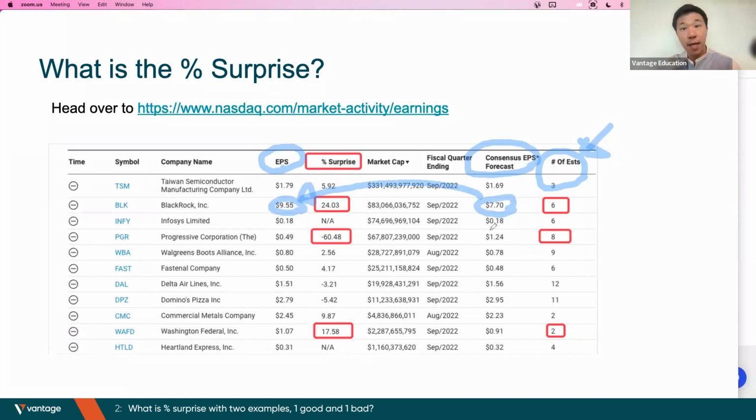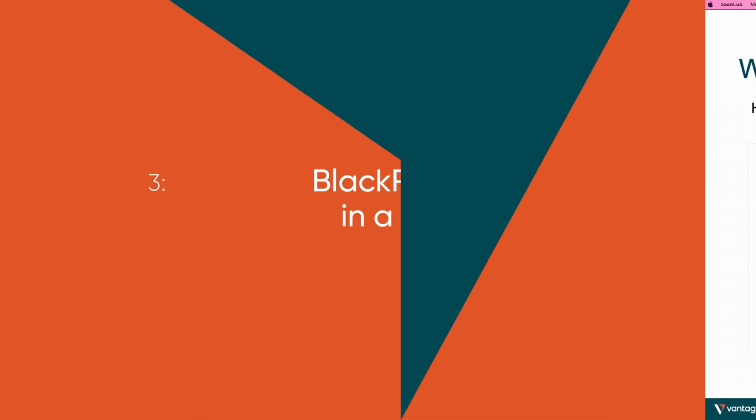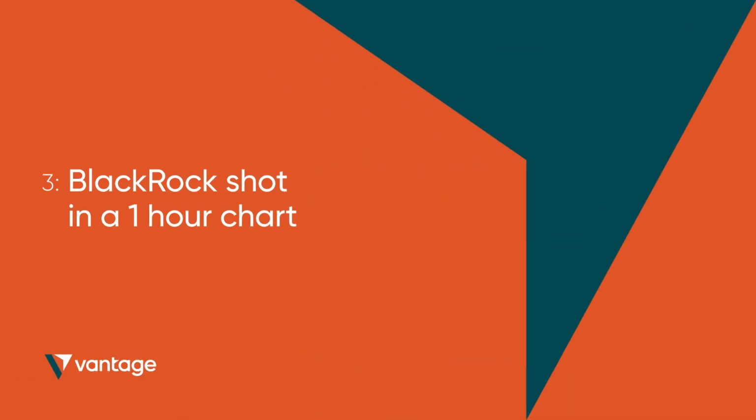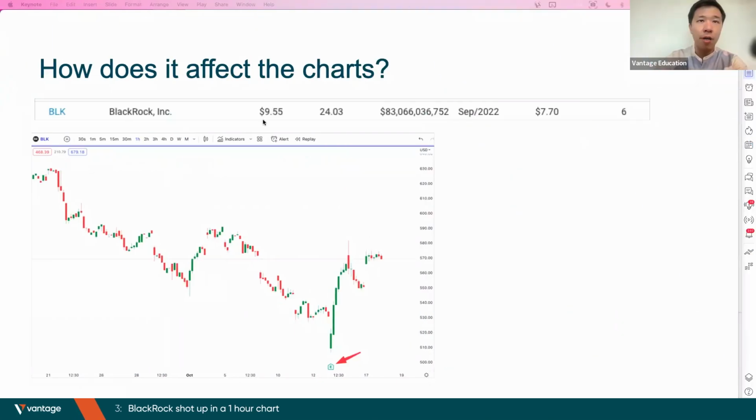On the flip side, if your forecast is higher than the actual earnings per share, then suddenly it's not a nice surprise, it's a nasty surprise. For BlackRock, the forecast was 7.7, the earnings was actually 9.55, so there's a 24% positive surprise.